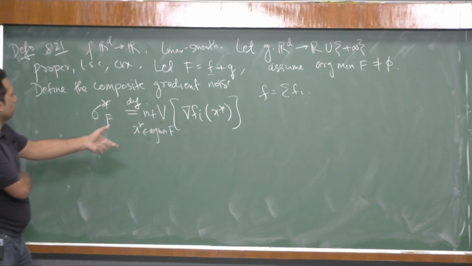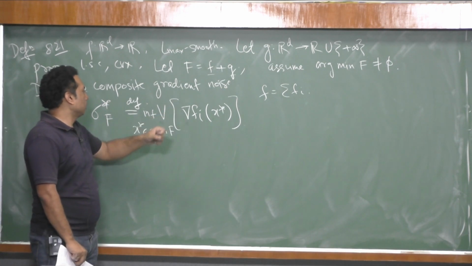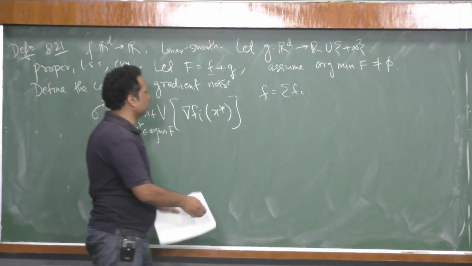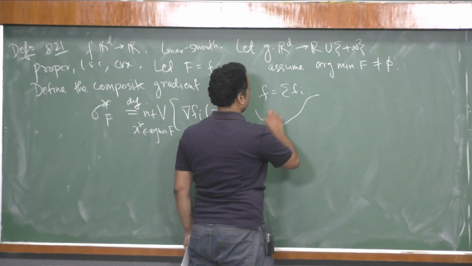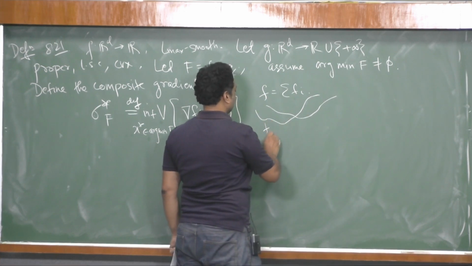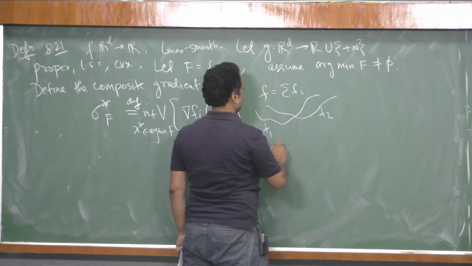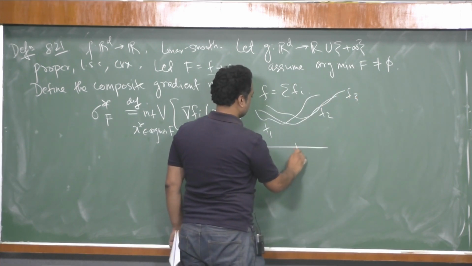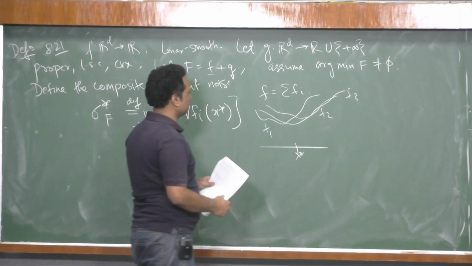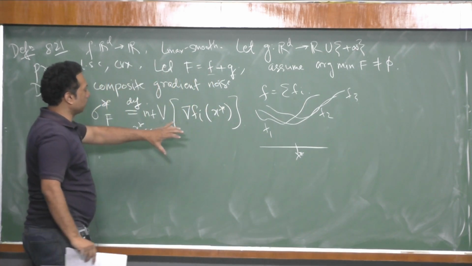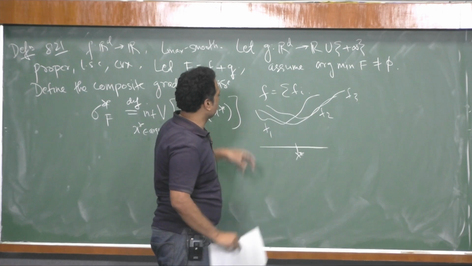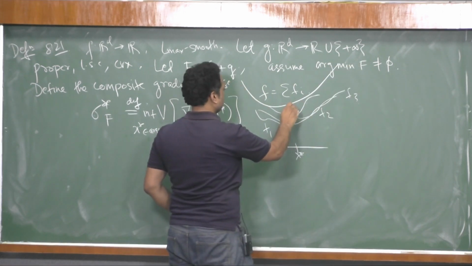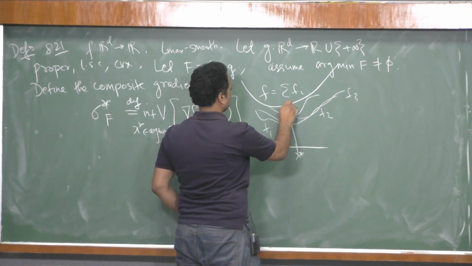So basically this is trying to see how much change we see in the gradients of these fi, because each of these individual fi's will be like f1, f2, and f3, and x star is somewhere here. So what this result is trying to say is that x star, which is the minimizer of the sum of these guys, so let us say the sum of these guys is somewhere here, and this is the x star, the minimizer of this.